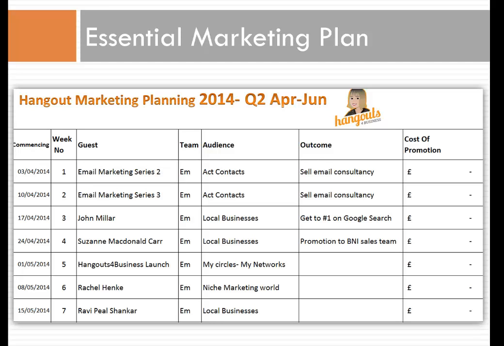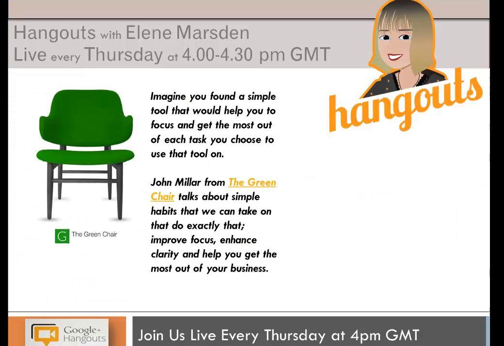Now, normally it's just my time, but also you may want to be using paid advertising to promote your Hangouts. So getting a plan in place is essential because you know then you're going to be on target to achieve your outcomes.